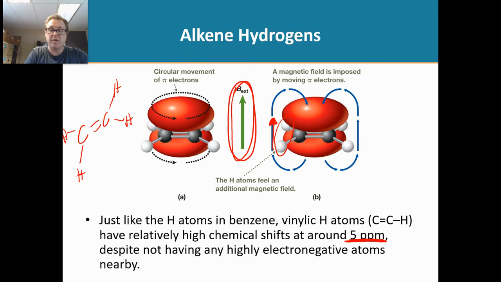These are also called vinylic protons, because that's the definition of the vinyl group attached to the double bond there. So that explains why the hydrogens in benzene and in a typical alkene are so far downfield when you wouldn't think so at the start.